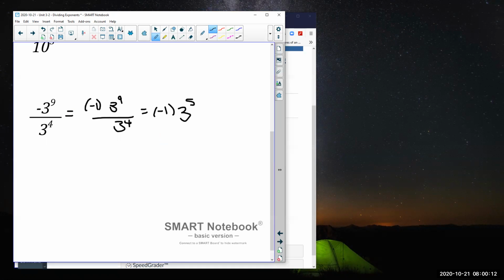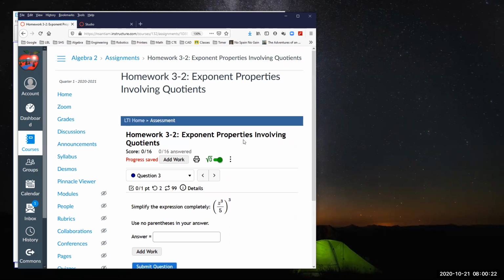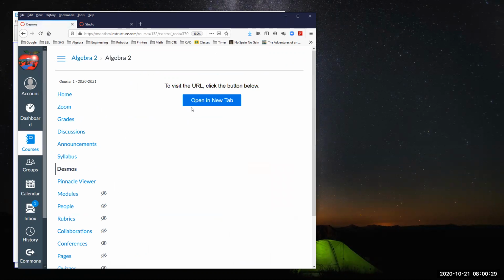And if I'm smart about this, I can open up my calculator, which I had open a little bit ago, and I'm not sure where it went to. But I do have a Desmos calculator up here.